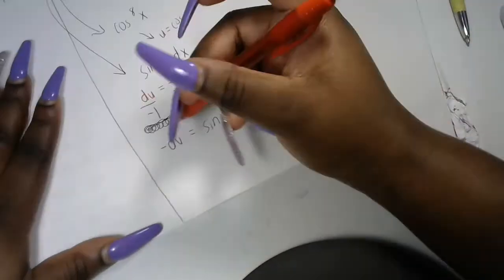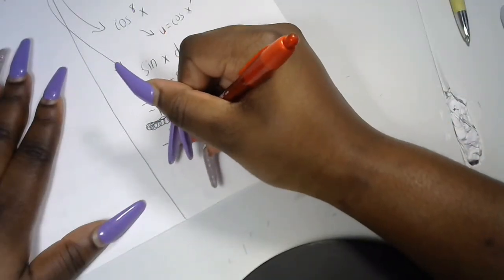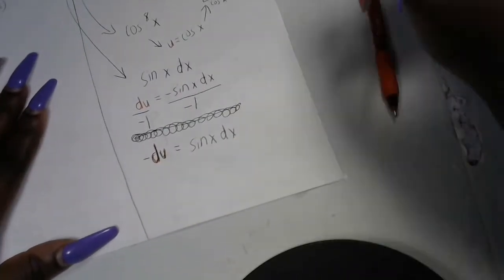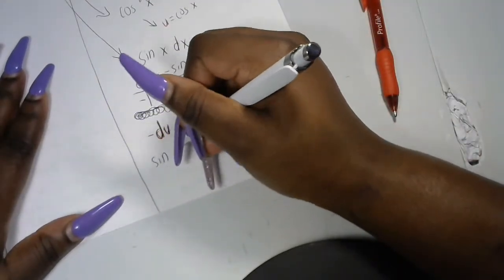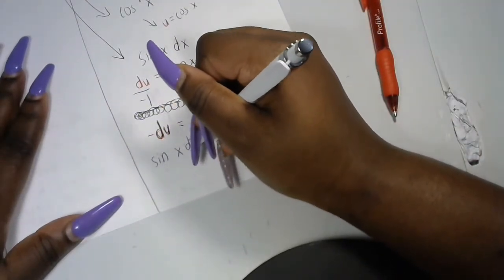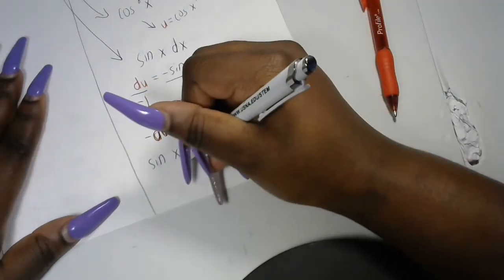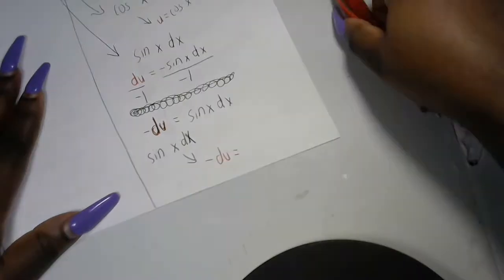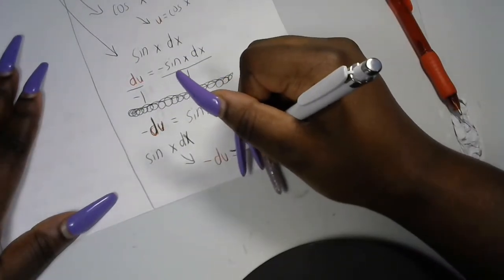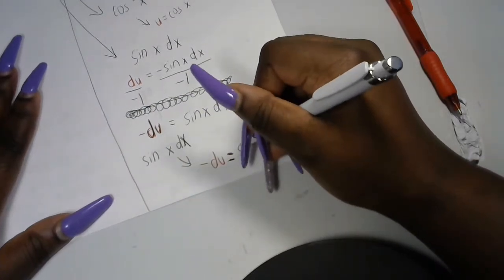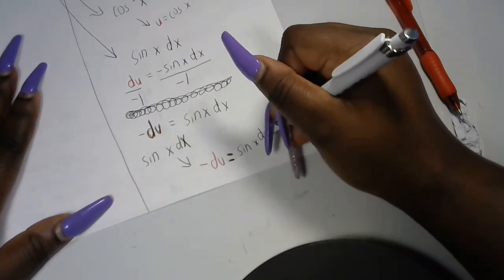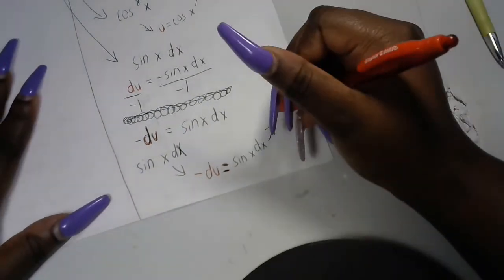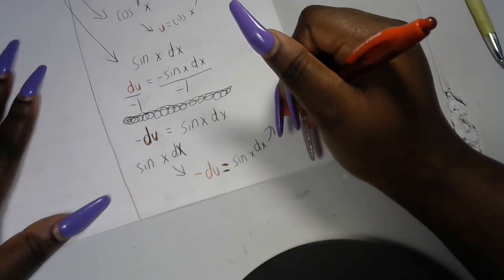So for this term, since negative du equals sine x dx, we can write sine x dx as negative du.